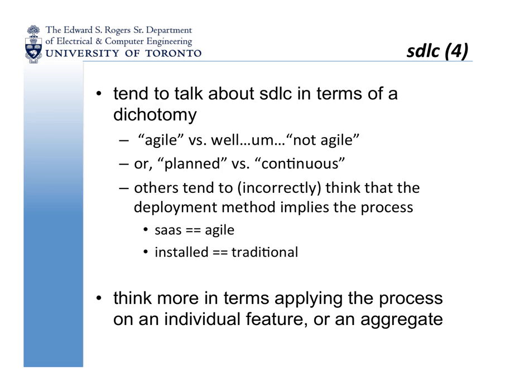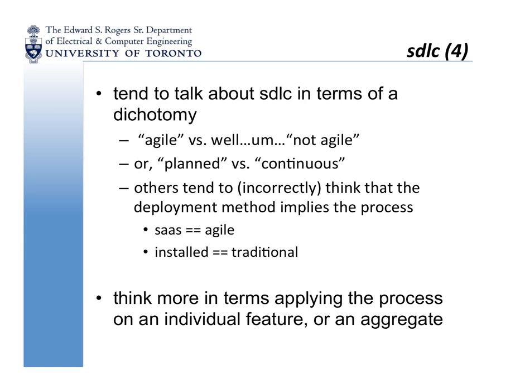For example, if software is delivered as a web service, it must have been built with agile methods. If it is installed software, it must have been built traditionally. This is incorrect. The development process and the deployment model are independent choices. A team can use agile methods to build installed desktop software. A team can use a traditional waterfall approach to build a web service.